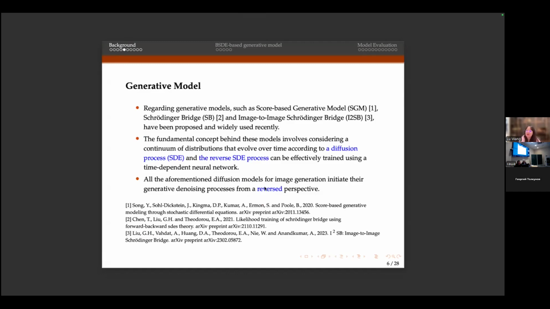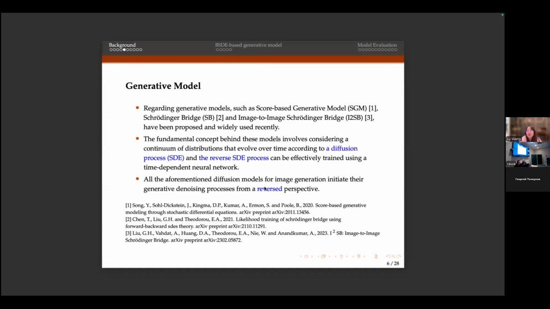Before presenting the main model, let us first take a brief look at generative models and BSDEs. Generative models play a crucial role in cross-modality medical imaging.